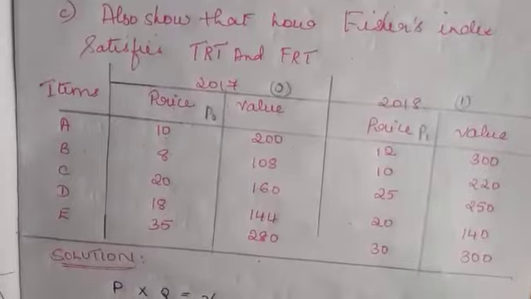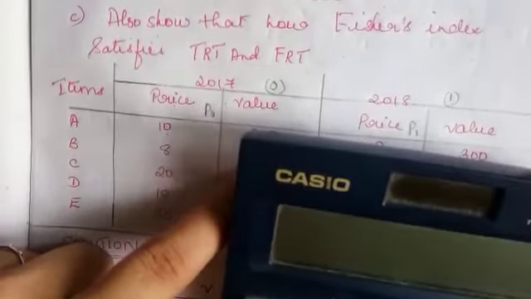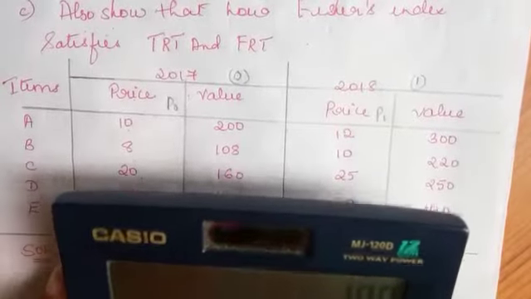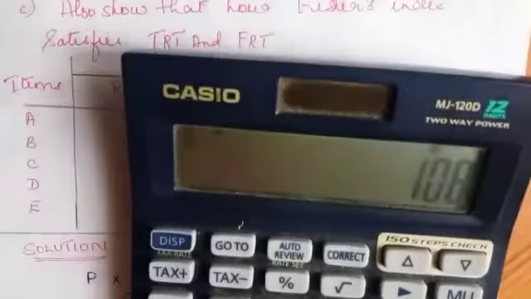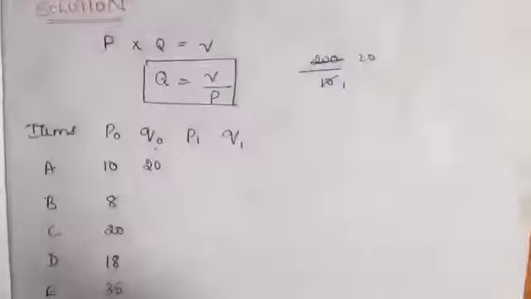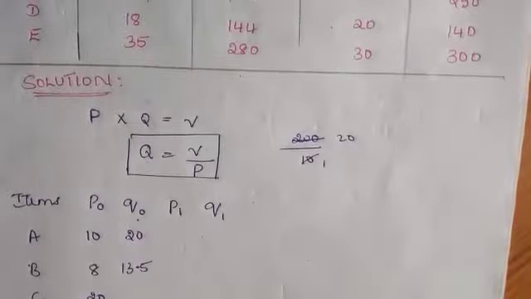Next, for the second item, the value 108 divided by price 8 gives 13.5. Like this, for all the items you have to calculate.